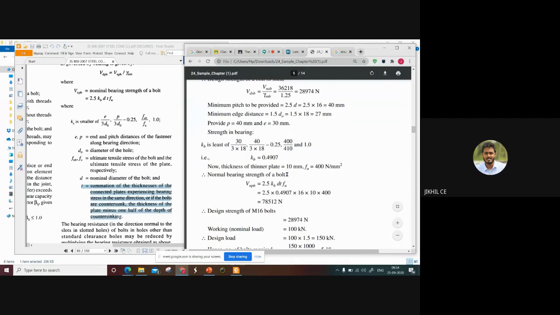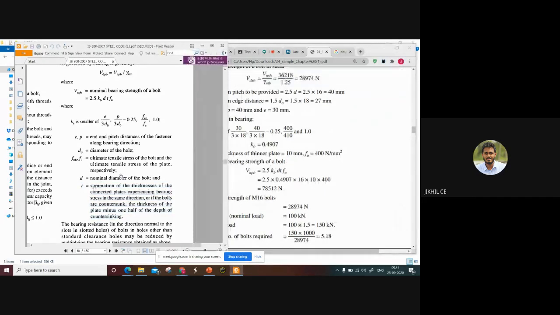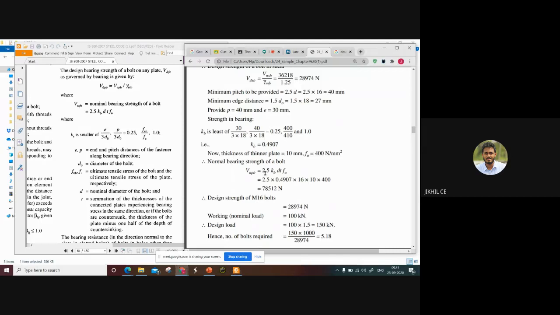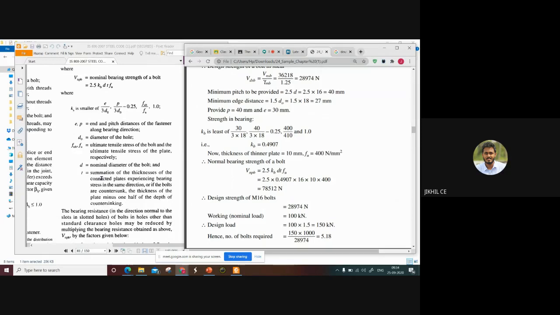In the equation on the left side of this code, we have the 2.5 KB we found. D is the diameter of the bolt, and T is the summation of thickness which takes the load in a single direction.